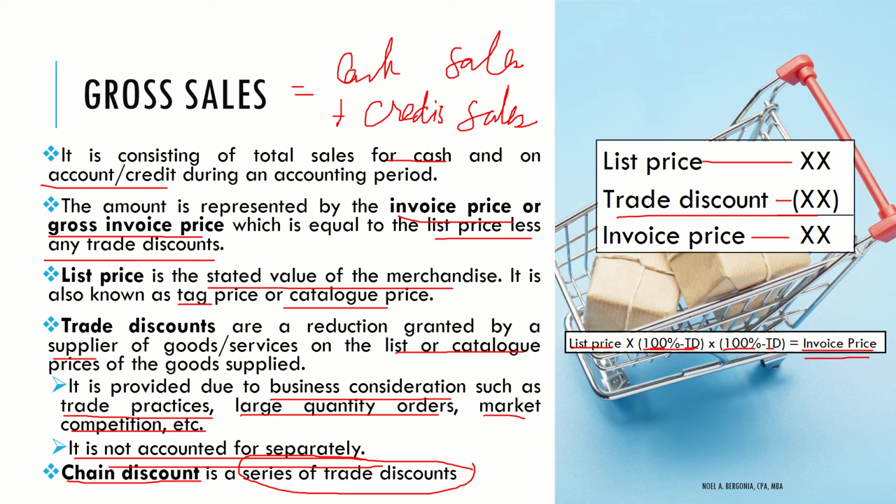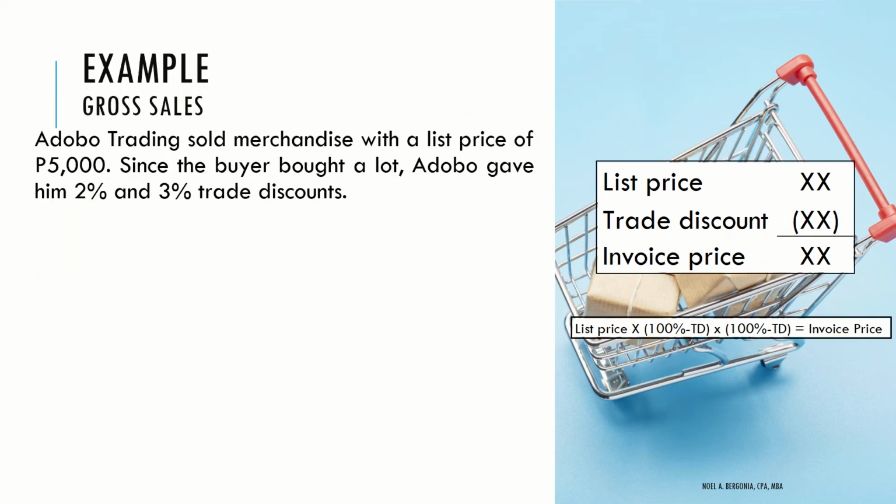Ibig sabihin, list price times 100% minus the trade discount. So pwede rin po yun. Okay, so that is our invoice price, which is the starting point of everything once we record it in our accounting books.